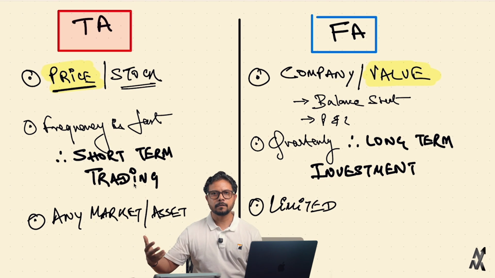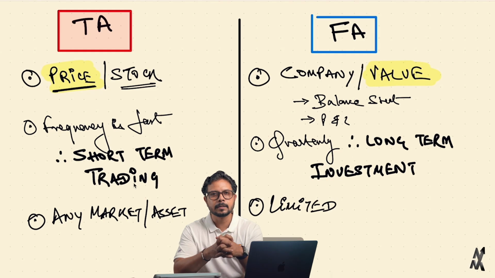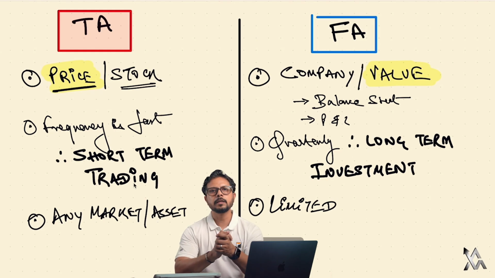The other is that of company valuation, which does not change that frequently. So this part requires time. That's why investment. And the technical part is more about short-term price behavior. And that's why trading. Of course, a strength of technical analysis is that you can trade any asset class, and fundamental analysis will have a certain degree of concentrated focus on a particular asset class. So these are the key differences.